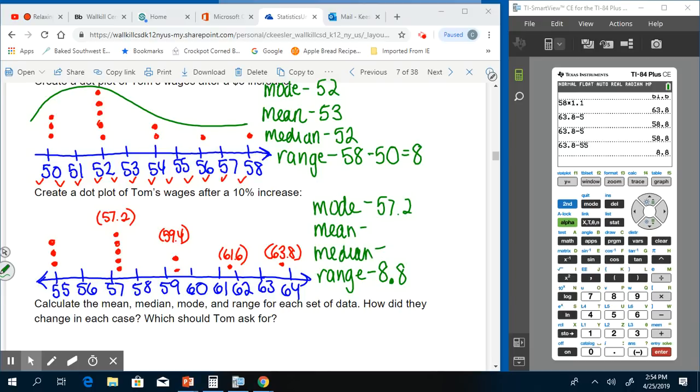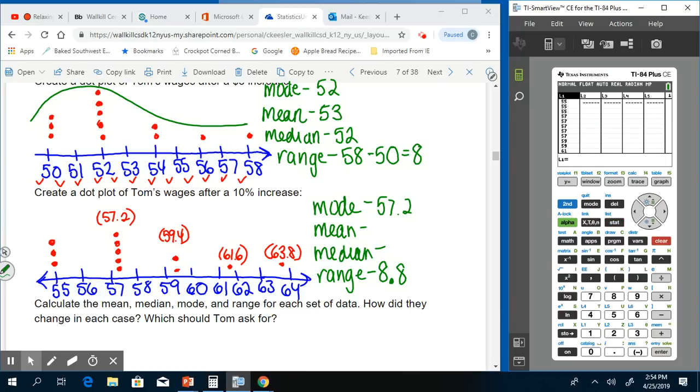So we go to Stat, we go to Edit, we clear our original list, and we're going to enter our new data values. So we have 55 3 times. We have 57.2, sorry, 5 times.